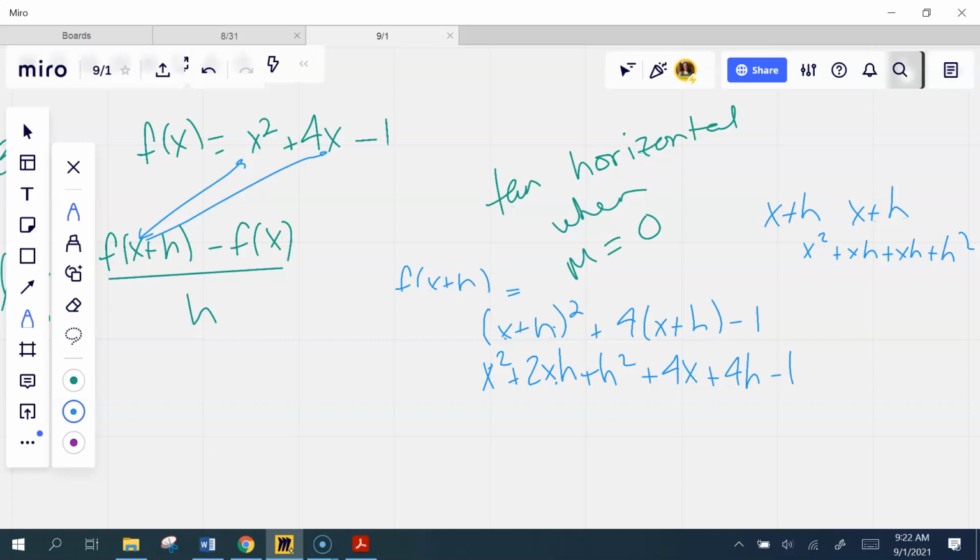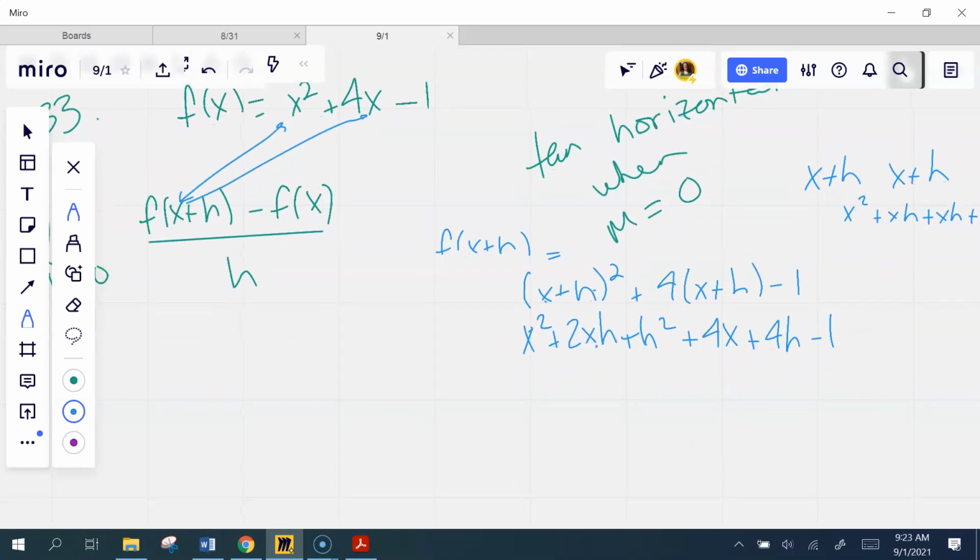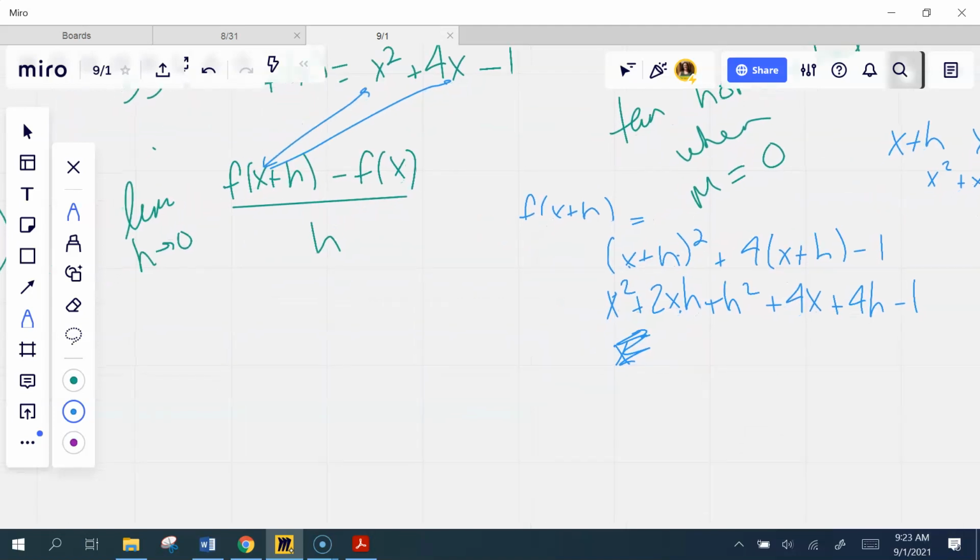I always just square both terms. So this is x squared. Does this even simplify any? No, it doesn't. Yeah, you need it over h. So then you take out some h, right? It needs to be over h.